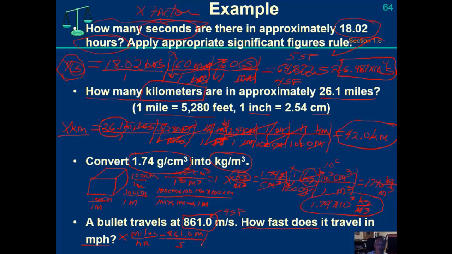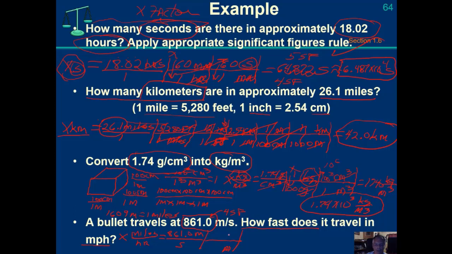Now I'm going to give you another conversion factor for this one, just to sort of shorten the problem, and that is over here. I'll tell you that there are 1,609 meters in 1 mile, and so I'm going to avoid having to do what I did here, which is going from inches to centimeters, which would require me to go from meters to centimeters, centimeters to inches, inches to feet, and that's going to shorten my problem considerably.